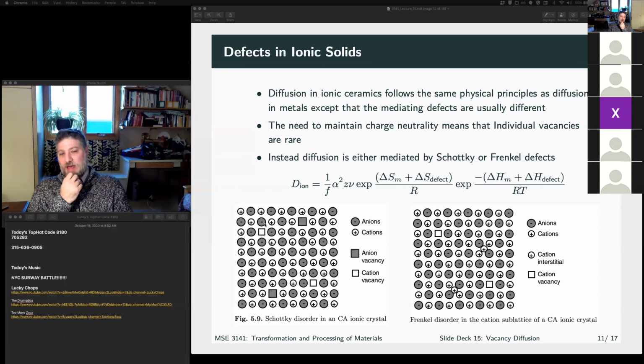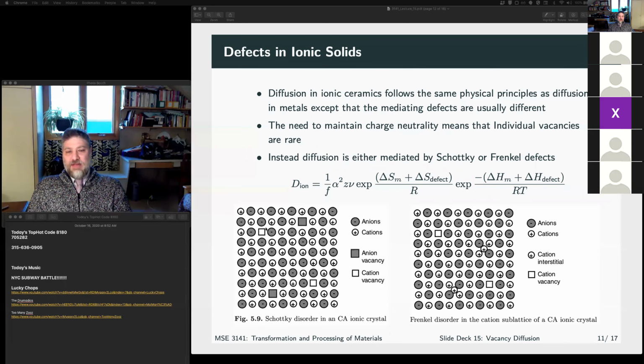Does it seem in a metal, right? If I'm on a simple cubic lattice in the metal like I was before, right? I have jumps that seem pretty easy to make, right? Because I don't have a huge amount of hindrance.